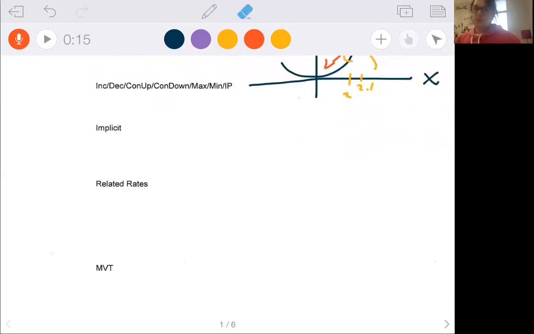Another thing that you guys were really strong with was increasing and decreasing. You got really good at graph analysis, but let's go back and talk about it. If a function is increasing, its first derivative will be positive. If a function is decreasing, its first derivative will be negative.